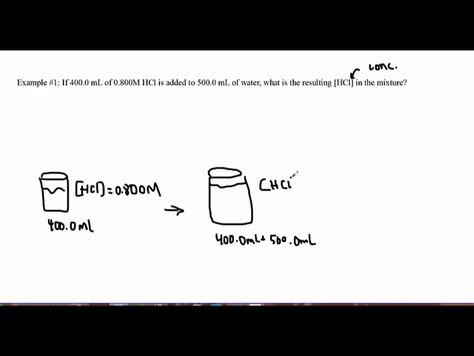And the question is, what is the new concentration of hydrochloric acid? Okay, same number of moles are still present in this second beaker, but I've got a bigger volume, so my concentration has changed. Now we can go ahead and we can apply our formula C1V1 equals C2V2. And if you're a visual person and you've drawn your diagram, you can go ahead and label those right away.